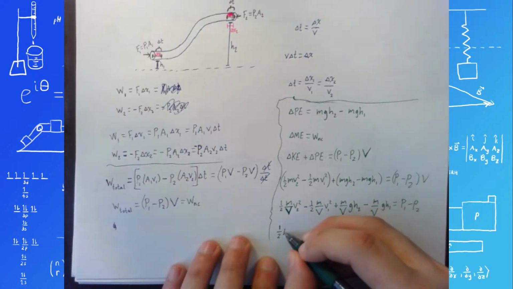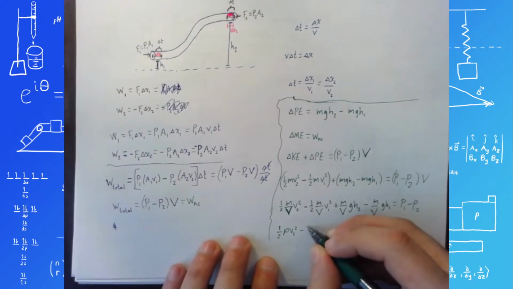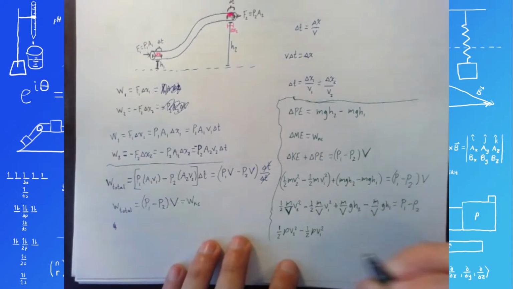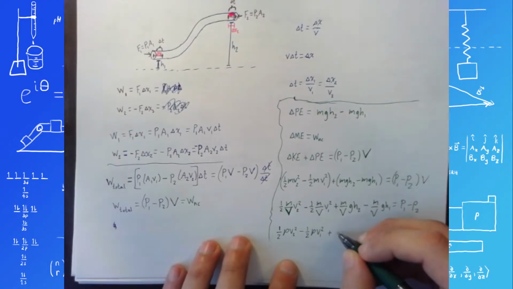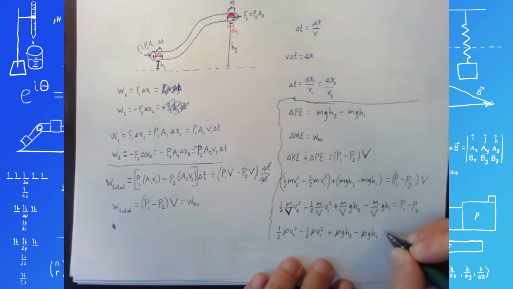So 1/2 density times V2 squared minus 1/2 density times V1 squared plus density times g h2 minus density times g h1 equals P1 minus P2.